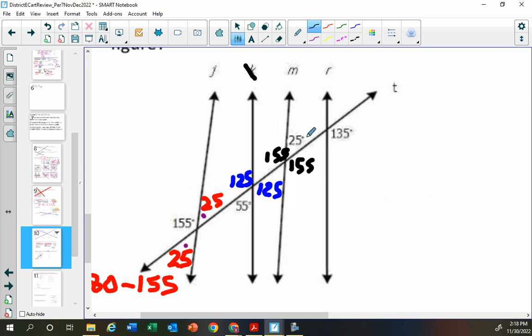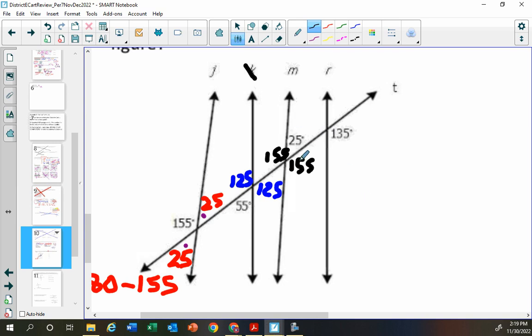Could line J work with line M? No. Be careful. Yes. Why? Oh no, you just said no. Oh, because it has a couple reasons. But it doesn't have the same number. M and J. Look at M. Look at J. Yeah, but that one has 155, 25.